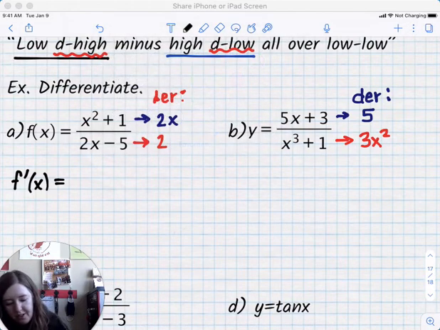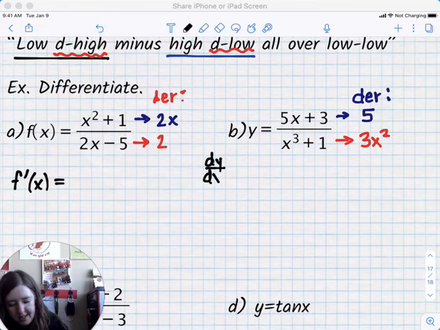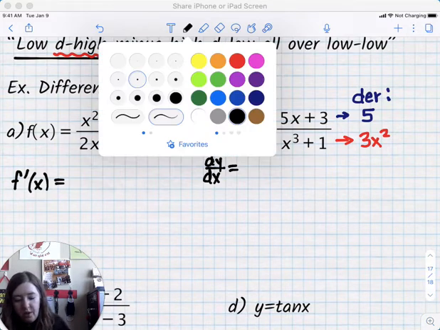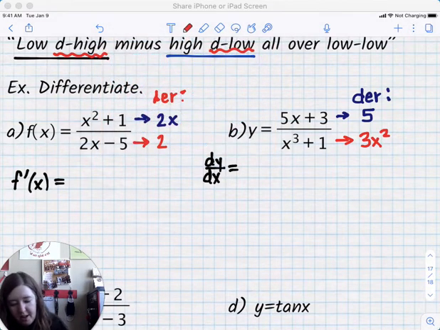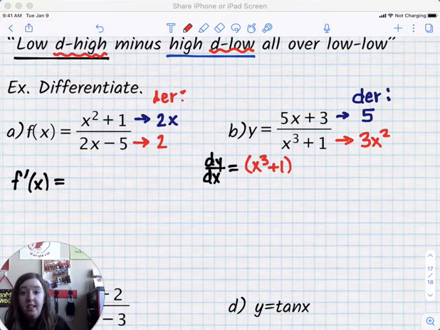So we're taking the derivative of y with respect to x, so dy dx equals low d high. So low means my function down at the bottom, x cubed plus 1, times the derivative of the top, d high.